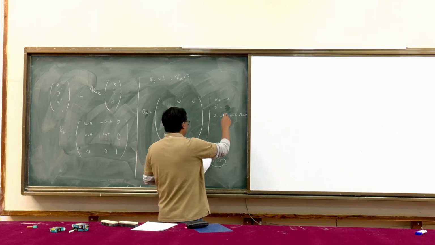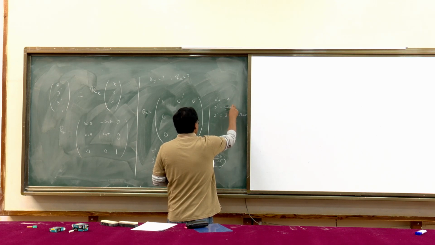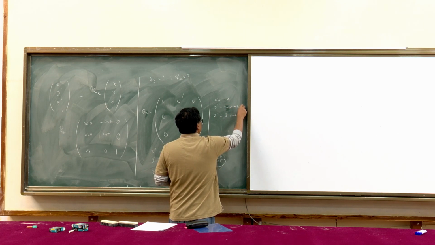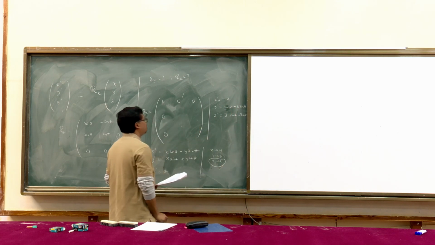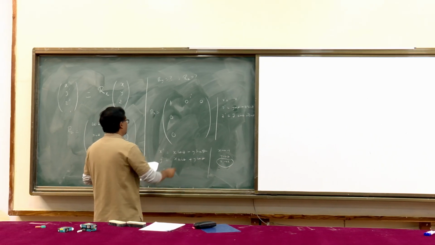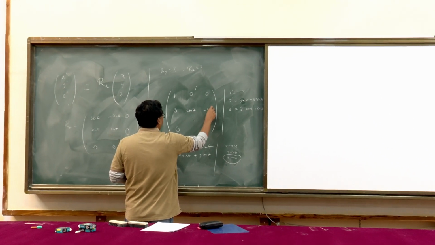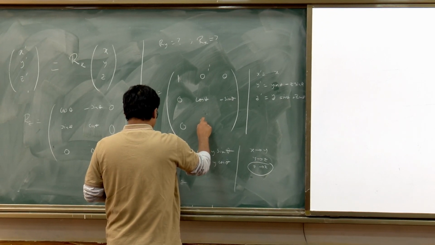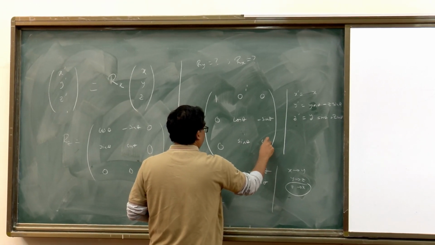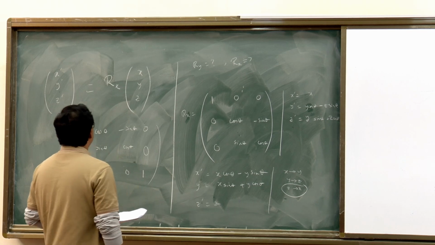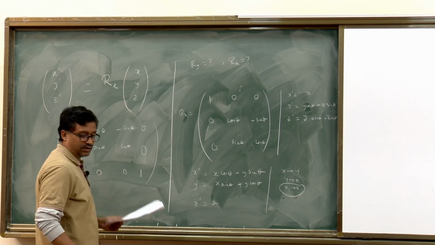And y prime is y cos theta minus z sin theta. Just work it out. So that means we have cos theta, minus sin theta, and sin theta, cos theta. So we have Rz, Rx, and we need Ry.